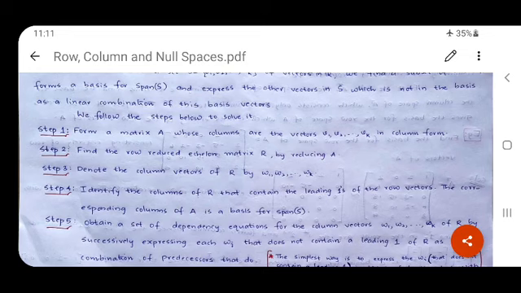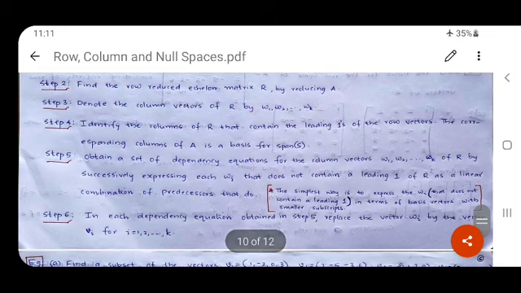So in this fourth step, we identify the columns of R which contain the leading ones of the row vectors, and the corresponding columns of A form a basis for the span of S. Then we obtain a set of dependency equations for the column vectors w1, w2, ..., wk of R by successively expressing each wi that does not contain a leading one of R as a linear combination of the predecessors that do.